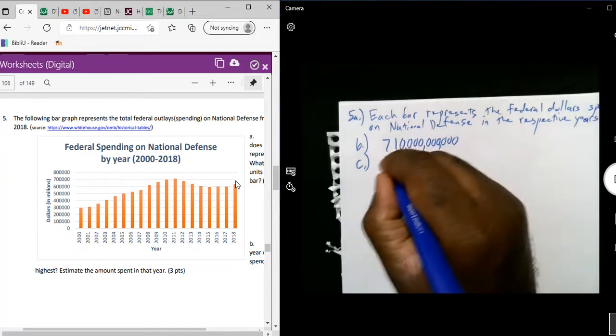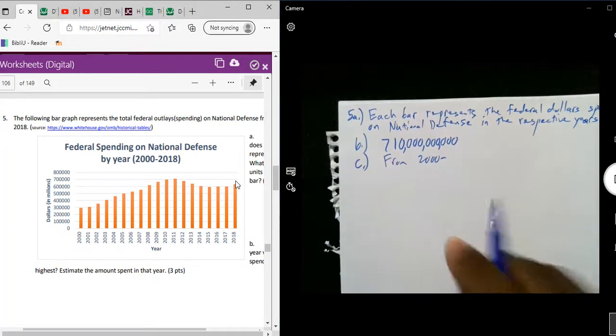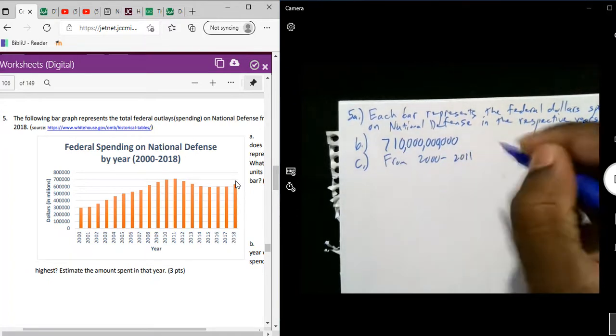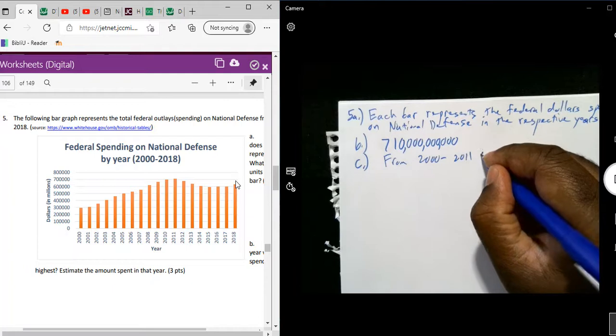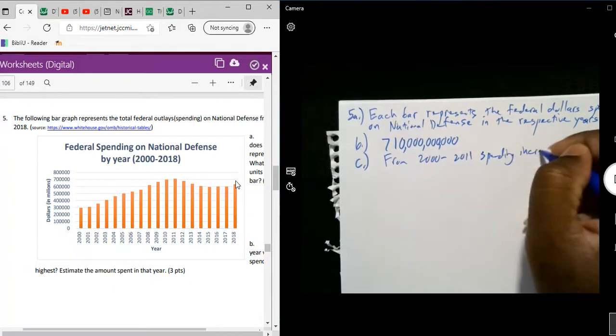So we could say from 2000 to 2011, spending increased.